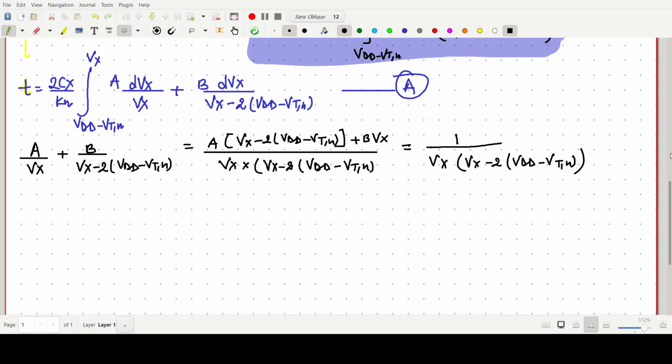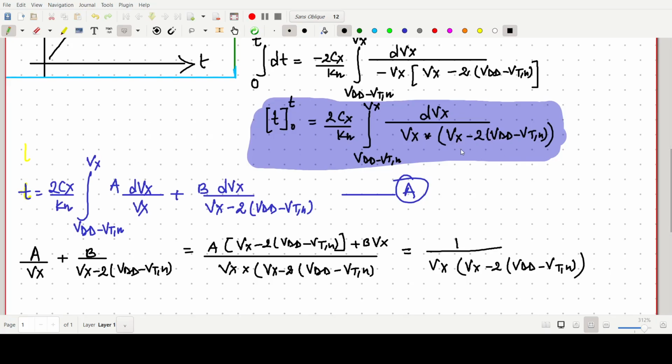What I am writing, this one by this one, this is basically 1 by this, so this can be written as A by this plus B by this. Now this term and this term will cancel out.